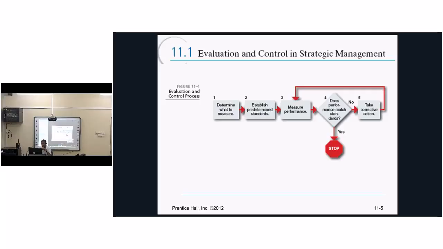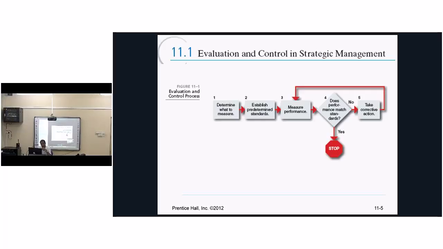Then at the fourth level, you ask this question: does your performance match the standards? To give you an indication, your inventory turnover days is 60, whereas your standard is 30. Does the performance match the standards? Answer is no. Then you need to take corrective actions.